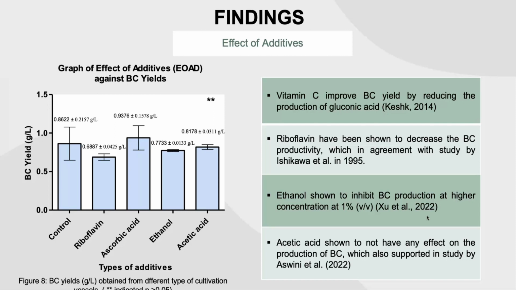Also, alcohol or ethanol was shown to inhibit BC production at a higher concentration of 1% volume per volume, which also agrees with the study by Zhu et al. in 2022. Meanwhile, acetic acid showed no obvious effect on the production of BC, which is also supported in a study by Aswini and co-workers in 2022.